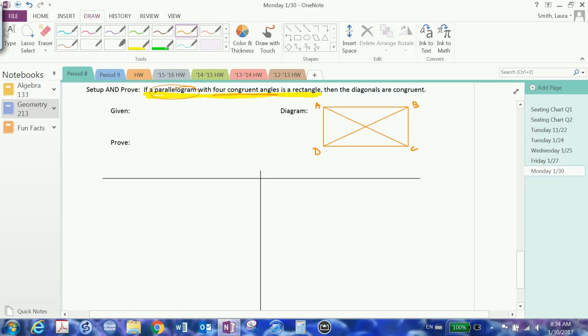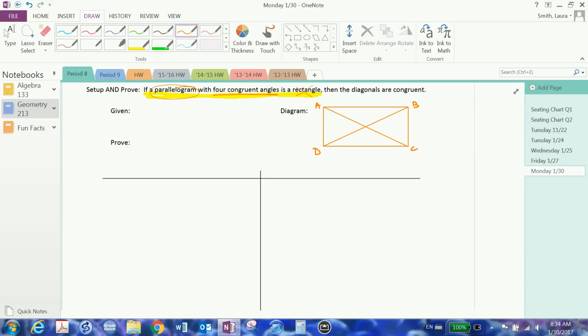All right, and what I know about this is that I'm actually given that it's a parallelogram with 4 congruent angles. Right? So if it's a parallelogram with 4 congruent angles, then the diagonals are congruent.